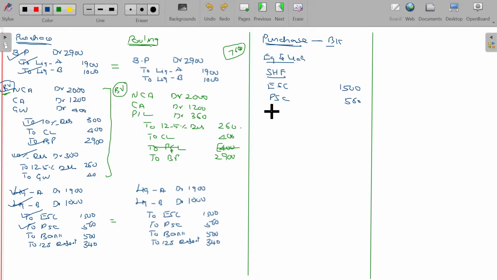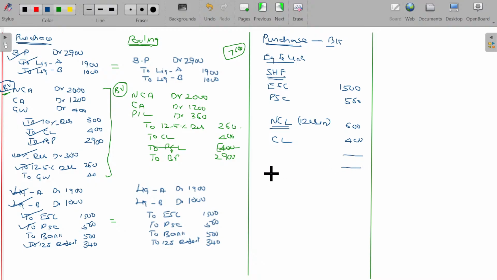Apart from that, non-current liabilities, debentures 260 and 340, total debentures being now 600. Am I right? Then we have current liabilities, 400 rupees.